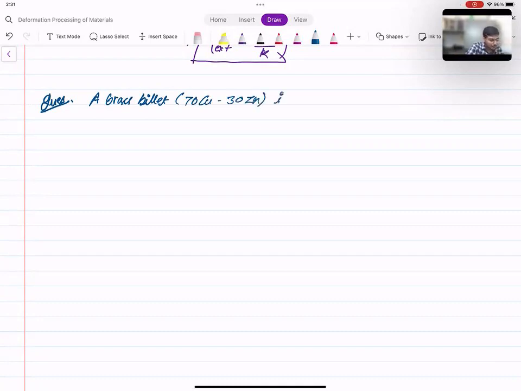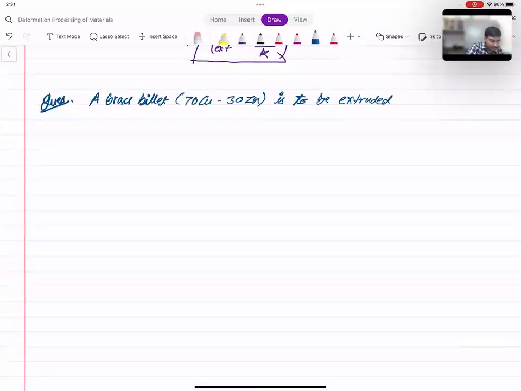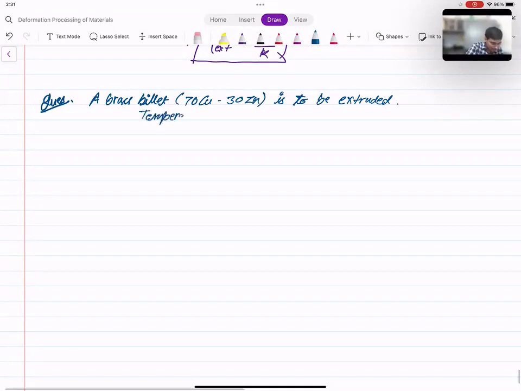So it is to be extruded, and we are given some parameters like temperature, temperature T is 700 degrees Celsius. Okay, and the extrusion constant K is 250 MPa. We are given the initial and final diameters also.